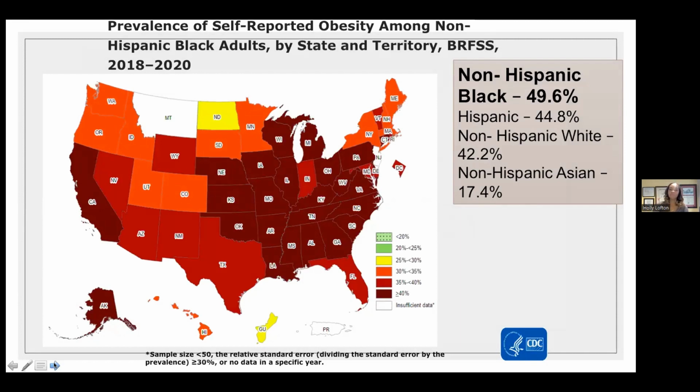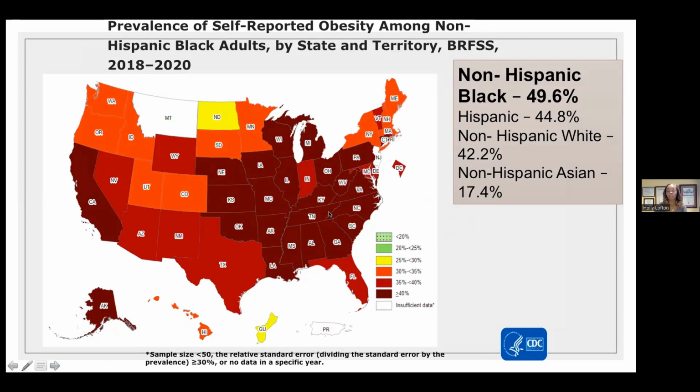Undoubtedly, I'm sure you've seen these CDC maps looking at the prevalence of obesity by state in the United States. And here I just want to point out, I'm from Georgia. So the South and now a lot of the Midwest as well have very high rates of obesity.